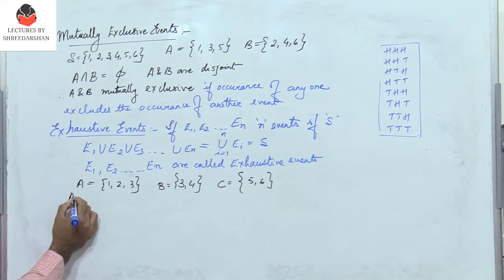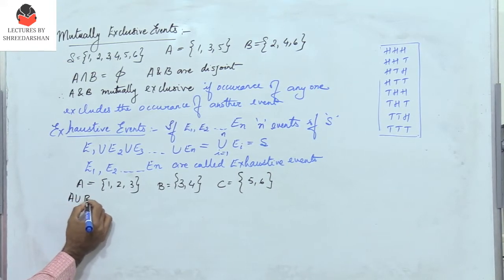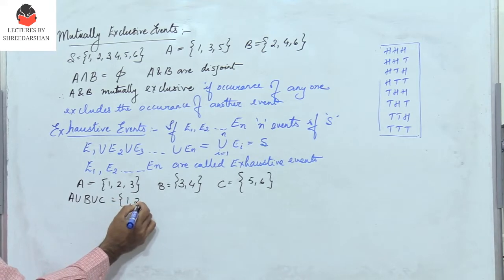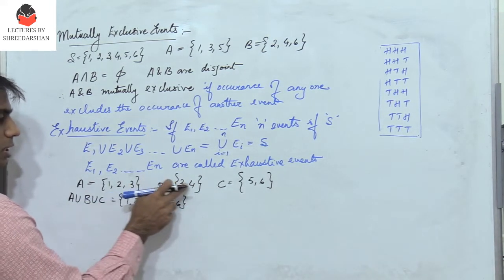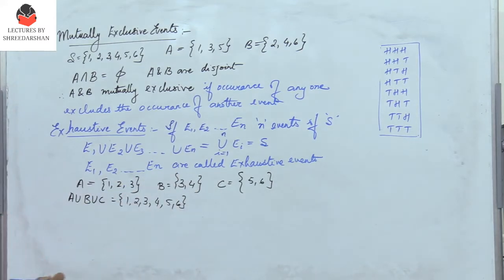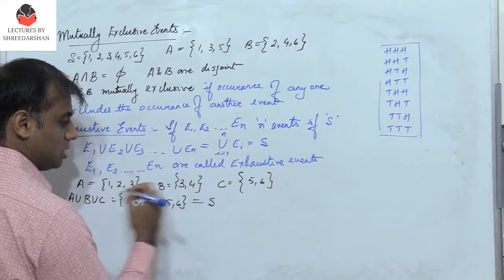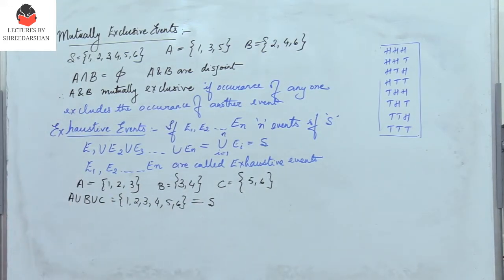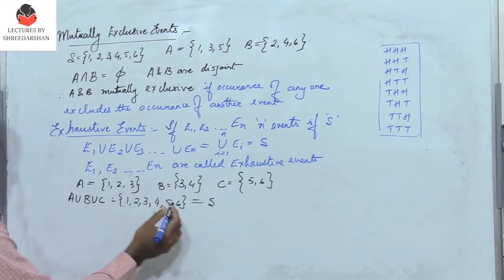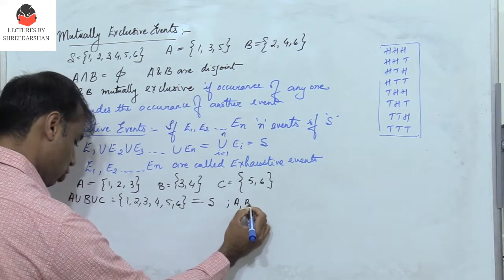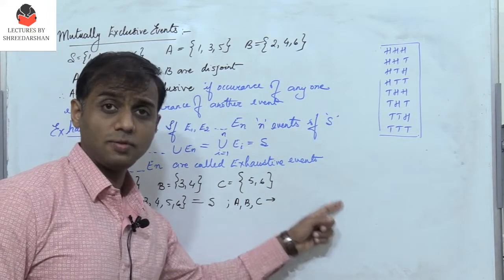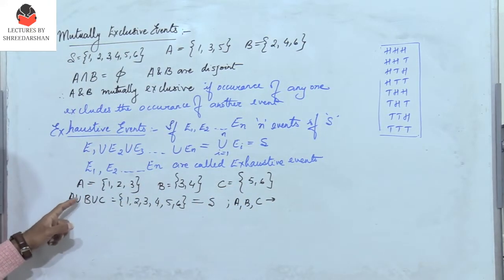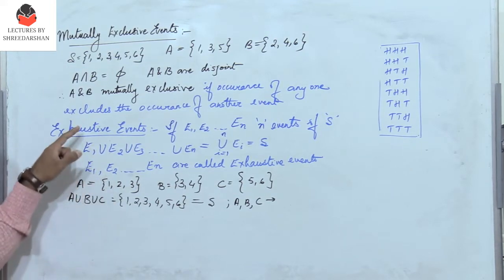So I find that if I take A or B or C, I get 1, 2, 3, 4, 5, 6. Right? I have to combine all the outcomes of these three events A, B and C. And what does this give me? This gives me the sample space S, which has been written here. Therefore A, B, C are referred to as exhaustive events because if I consider A union B union C, I get the sample space.